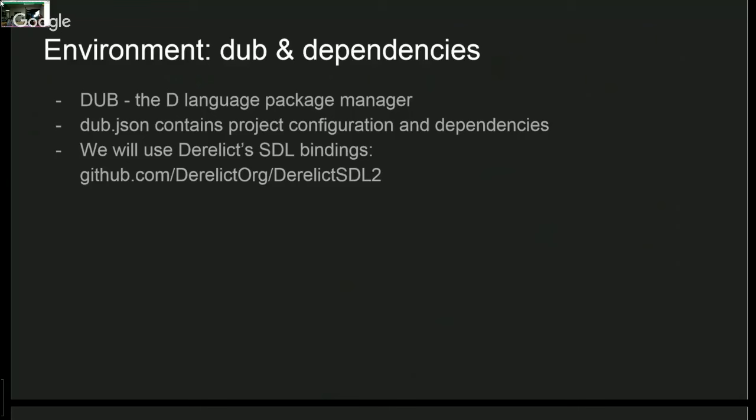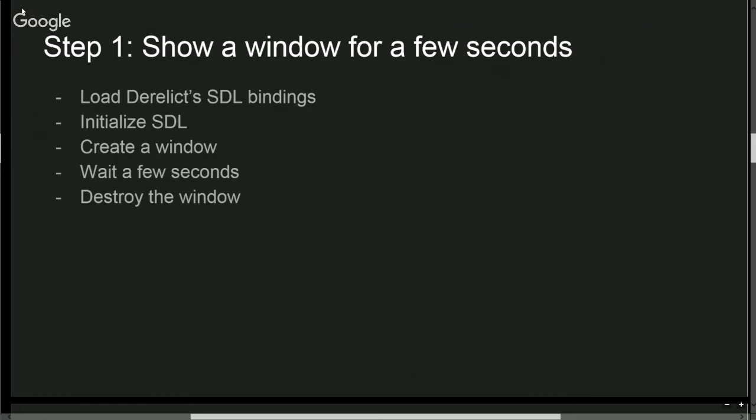To start writing games, we will use Derelict's bindings to a library called SDL, which is a C library that provides you with functions for creating windows, displaying graphics, handling keyboard input, playing sounds, network stuff, things like that. If you have any questions, just feel free to interrupt me. I don't know if I can hear you in the back all that well, but yeah. So let's just dive right in.